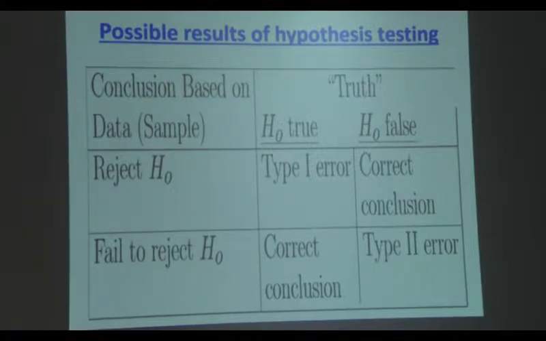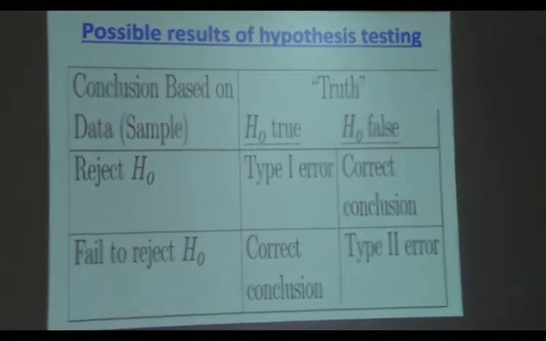In other words, if we go back to our example, alternative hypothesis says A causes B. The null hypothesis says A does not cause B. Now, if the real truth is A does not cause B, and we reject the null hypothesis, then you are going to end up concluding that A causes B when it is an error, because the truth is that the null hypothesis is true and we have rejected it. So type 1 error is the probability of rejecting the null hypothesis when the null hypothesis is true.